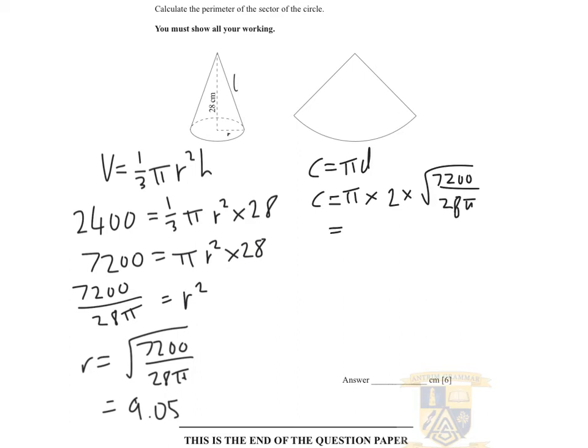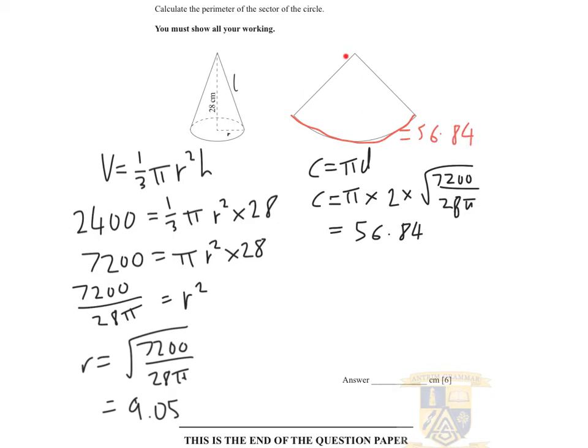That gives 56.84. Now you can't keep that nice and neat, really. You could, but that's probably okay at this stage. So the circumference of that, when you open it up, will be this bit here. So we can say that the arc length equals 56.84.